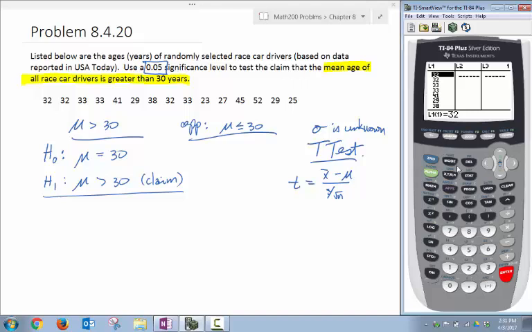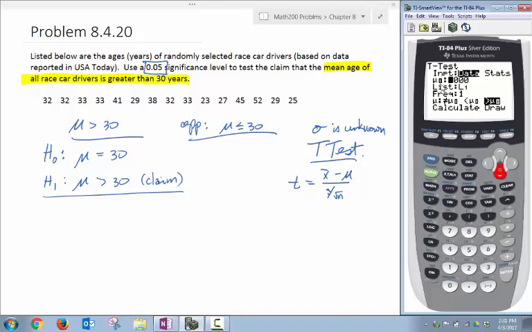It's in list 1, and I'm going to go to stat, go to test, and we'll use a t-test. I have a choice of either doing a statistics list, which I don't know right now, but I do have the data in my calculator, so I'll select the data option.